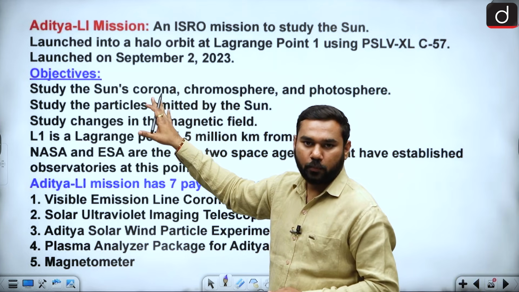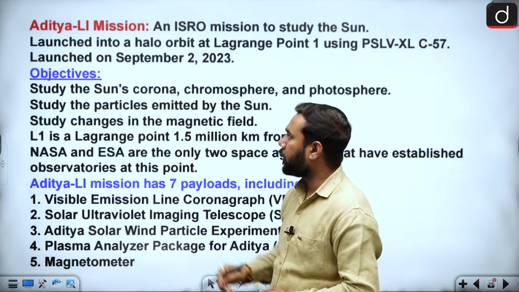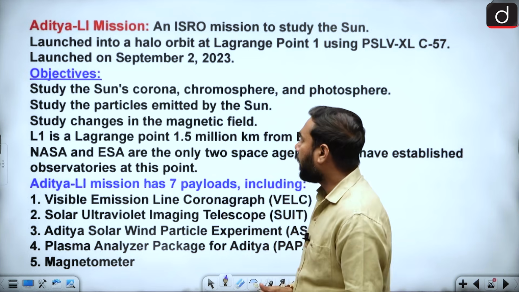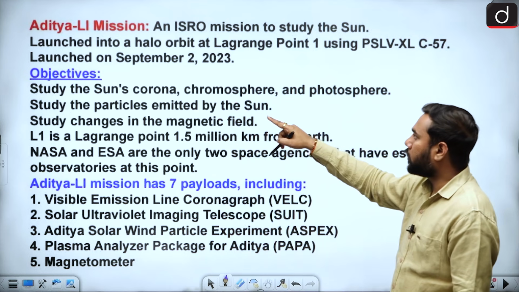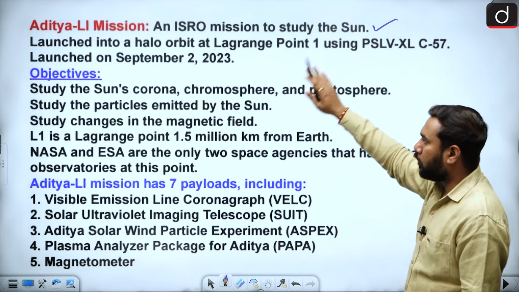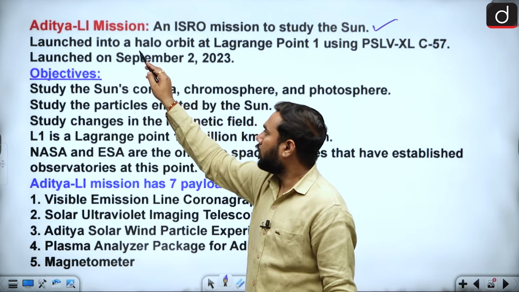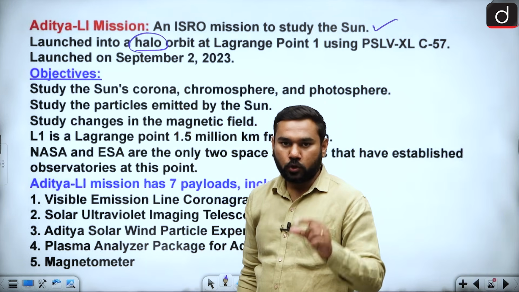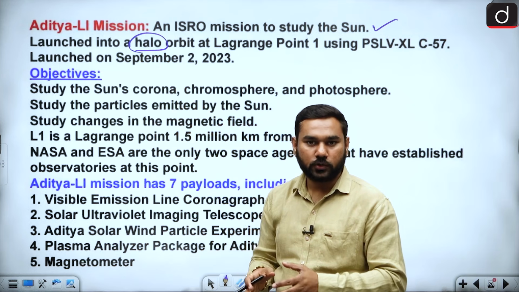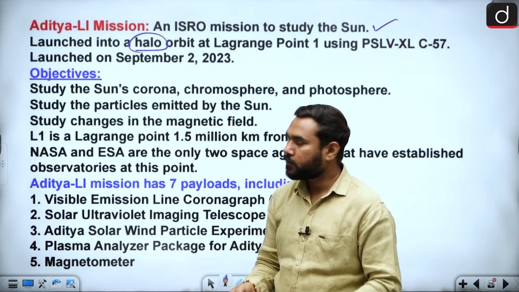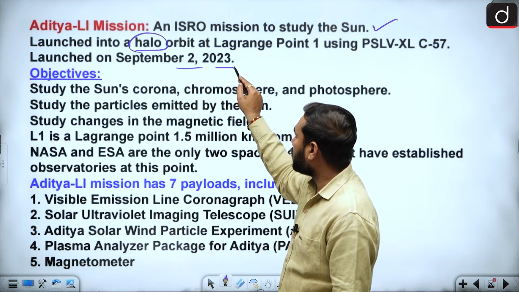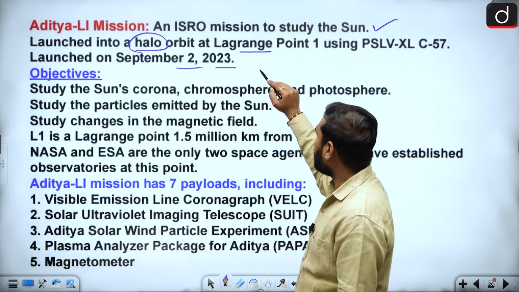Very important one, the Aditya L1 mission, because this mission is related to the study of the sun. So when we talk about the Aditya L1 mission, the ISRO mission to study the sun, it is launched in helio orbit. And you know that the word geo is used for an orbit around Earth, and helio is used for an orbit around the sun. It was launched on 2 September 2023 to the Lagrange point.